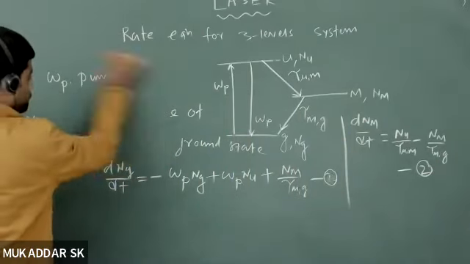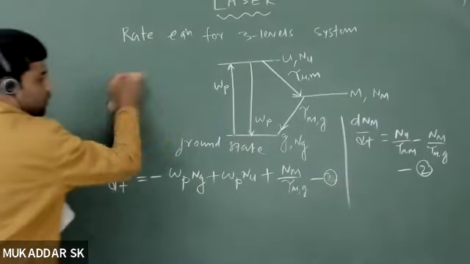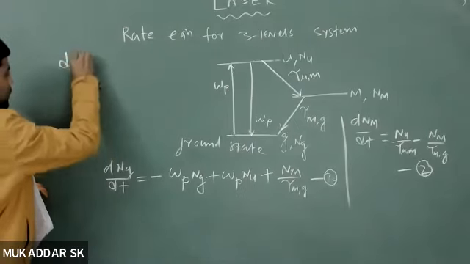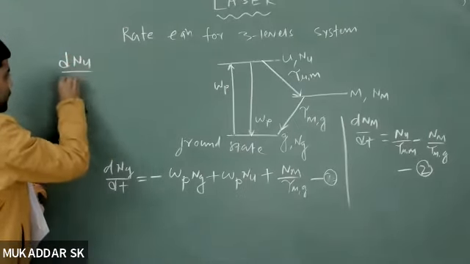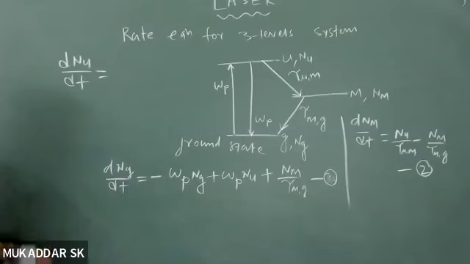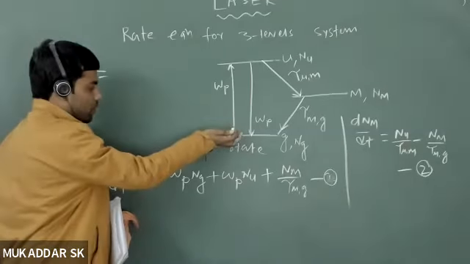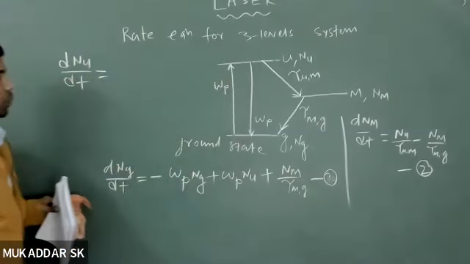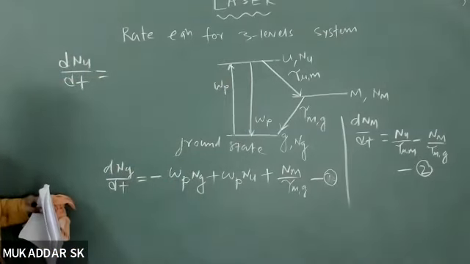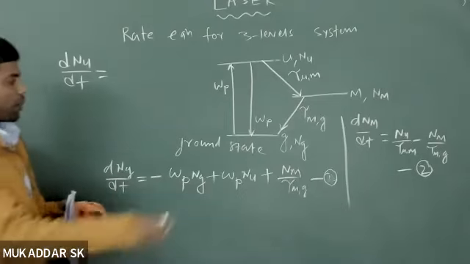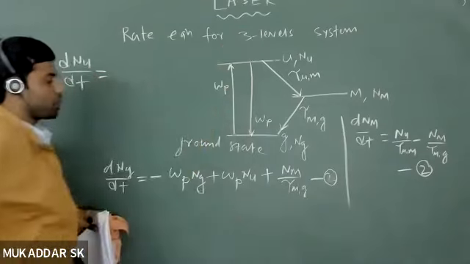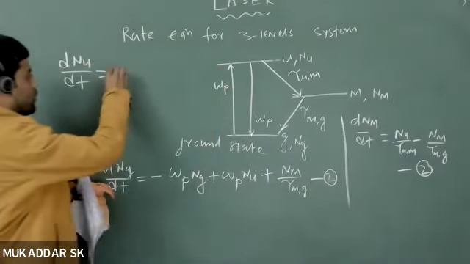Then for the rate of change of population of the upper state, dNu by dt. The pumping of atoms from ground state to upper state will increase the population of the upper state, so I'll use a plus sign.